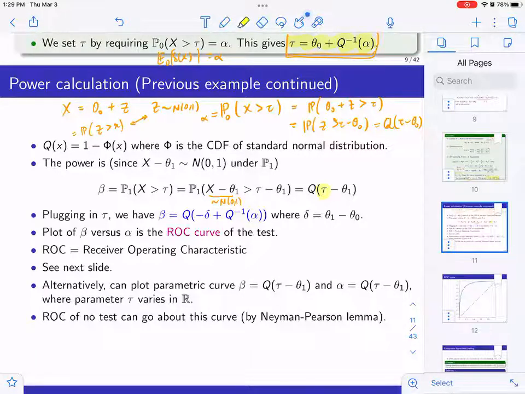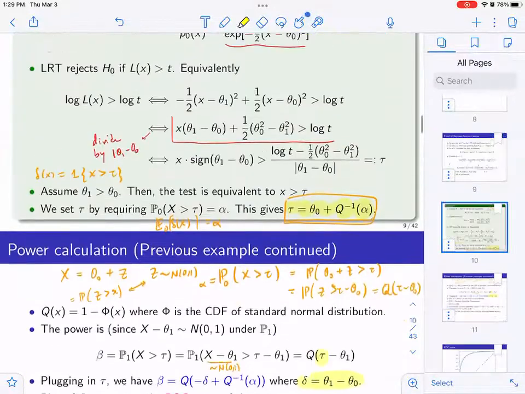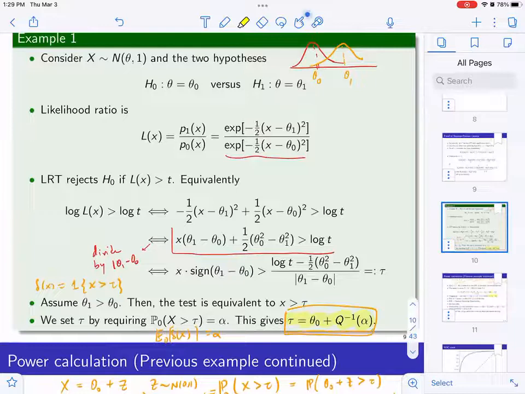This delta is like data in the problem. You specify how far these two are. In general, if there was a variance here, you would also divide by the variance. It's like a signal to noise ratio.